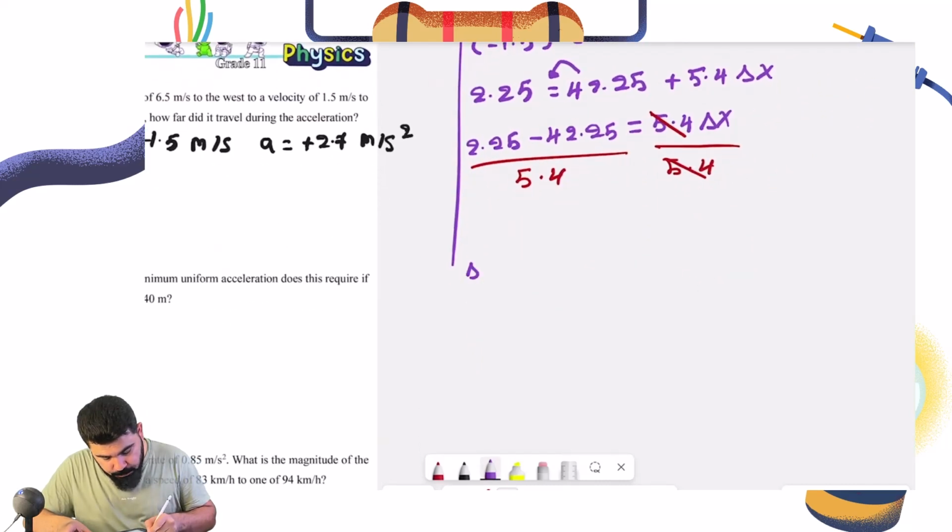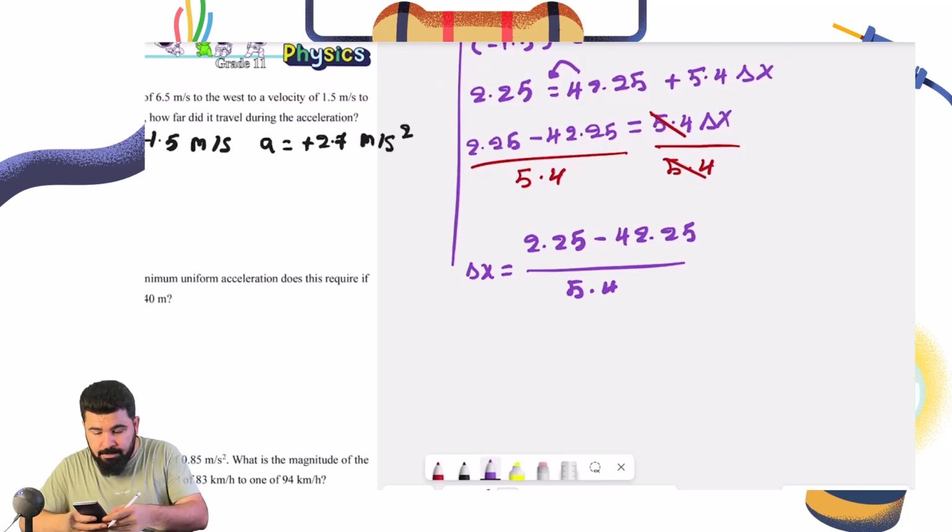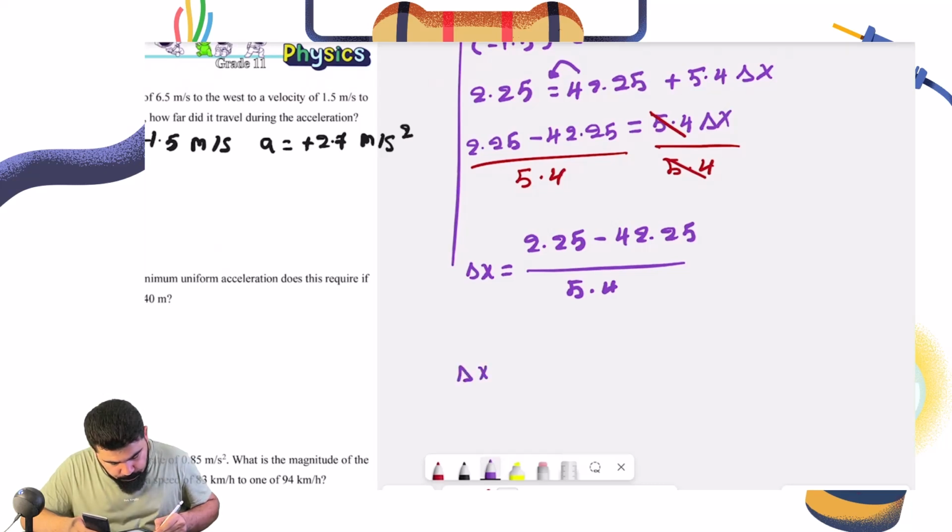Delta x is equal to 2.25 minus 42.25 divided by 5.4. Let's calculate this. We have delta x is equal to negative 7.4 meters.